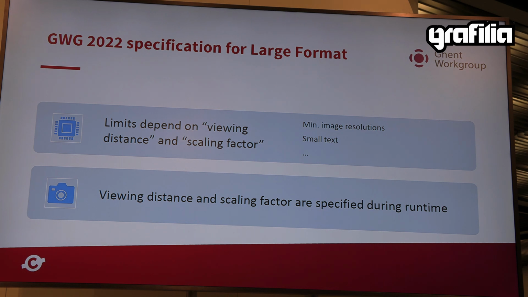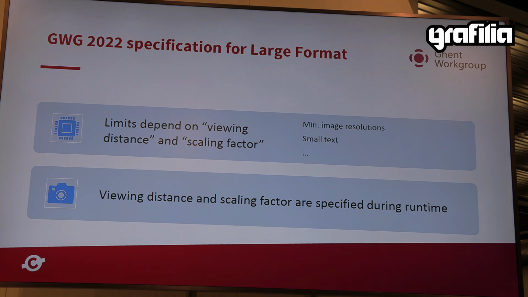Yeah, and one thing, one slide on large format, because large format is somehow special. Large format is not just one limit for image resolution. The minimum image resolution depends on two parameters, the viewing distance and the scaling factor.